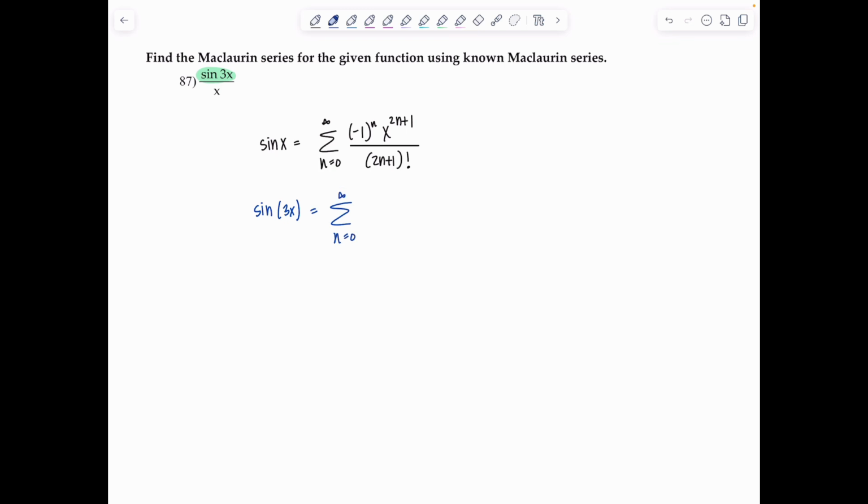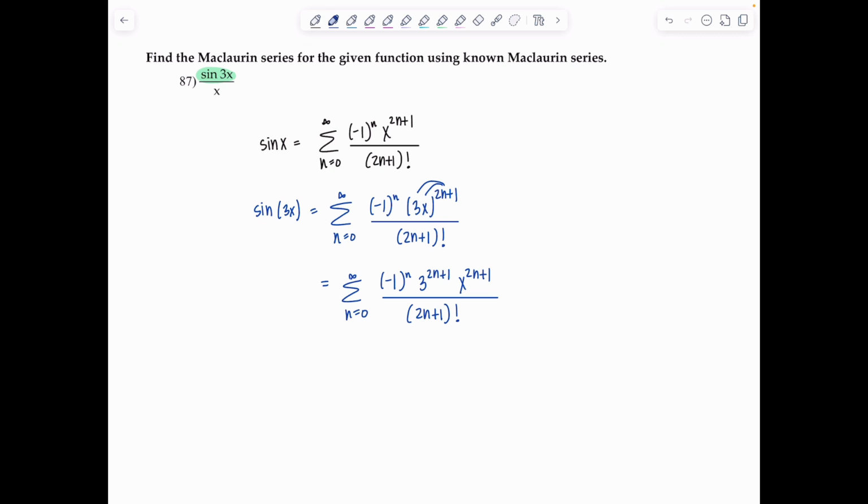So we have n equals 0 to infinity, negative 1 to the n, 3x to the 2n plus 1 over 2n plus 1 factorial. And then if you want, or even if you don't want, you should distribute this exponent through. So we have negative 1 to the n, 3 to the 2n plus 1, x to the 2n plus 1 over 2n plus 1 factorial. Good?